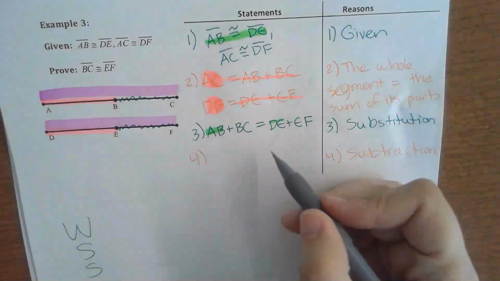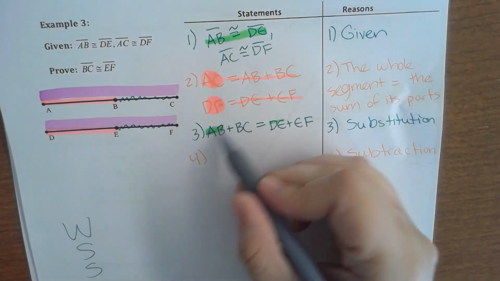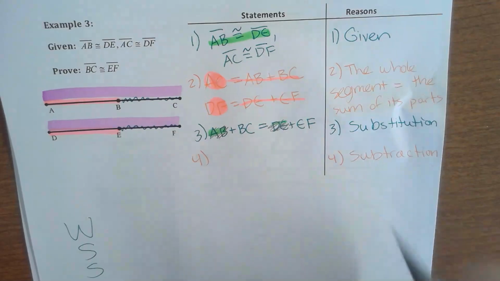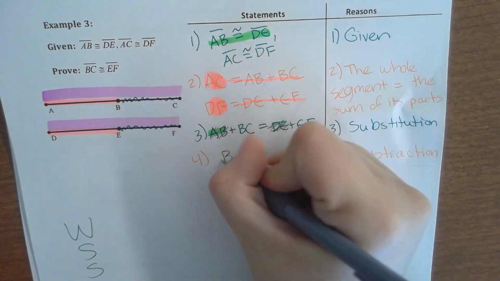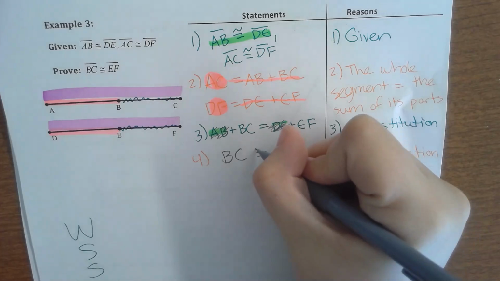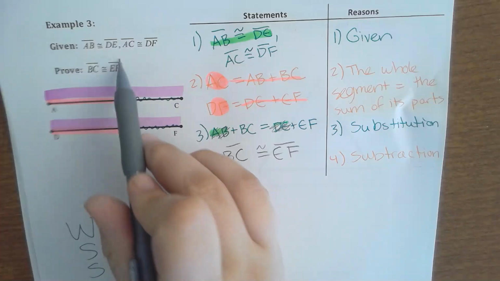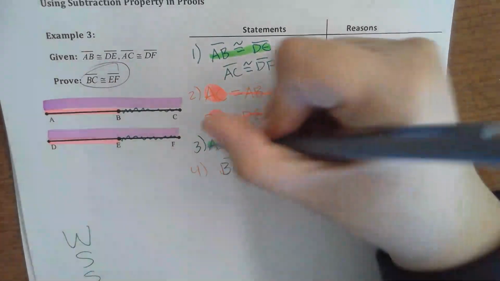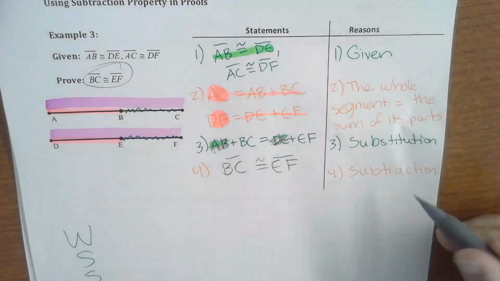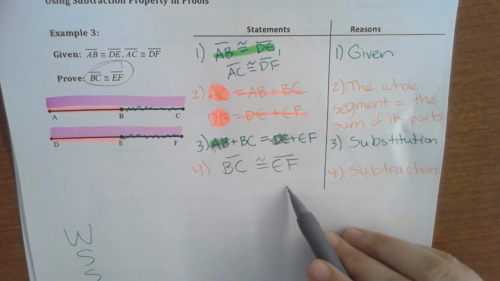If I subtract or take away these two pieces that are equal, I get BC equals EF, which was exactly what we were trying to prove. We took away two things that were equal, we subtracted to get what we wanted.